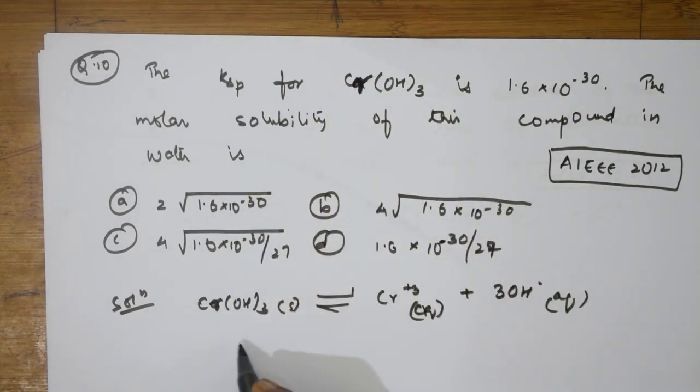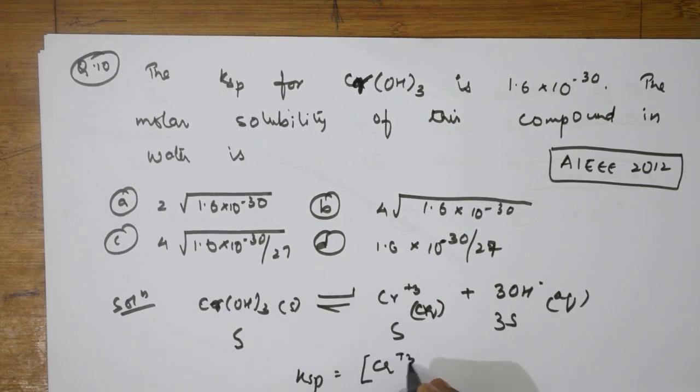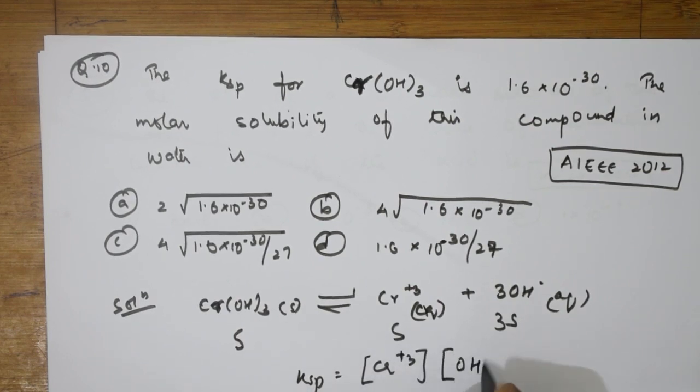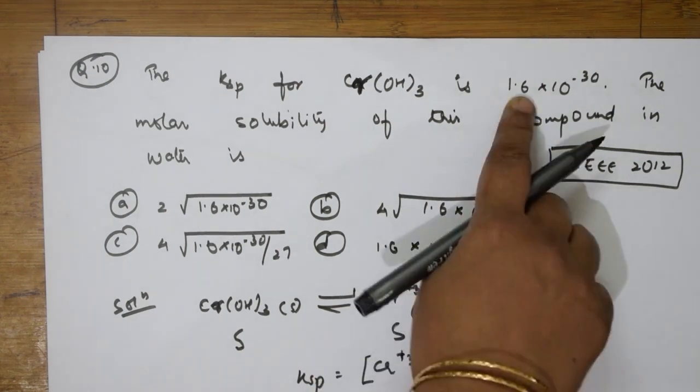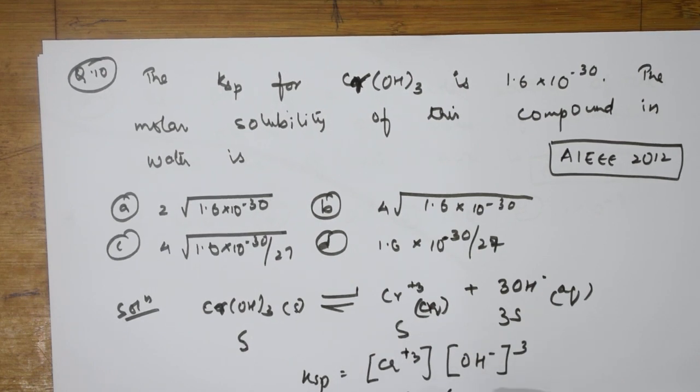Now this is the molar solubility denoted by S. This is also S, and this is 3S. Now KSP is equal to the concentration of Cr plus 3 times OH minus cubed. KSP is given as 1.6 into 10 to the power of minus 30, which is equal to S times 3S whole cube.